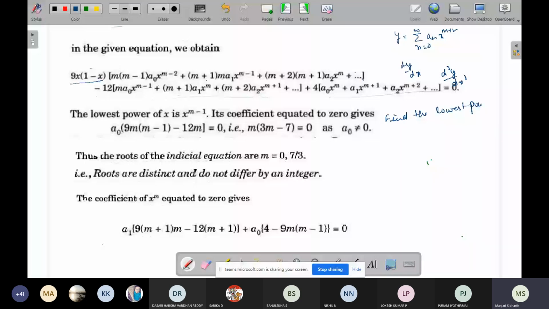Then equate the coefficient of the lowest power of x to 0. When you equate to 0, you will get a quadratic equation in terms of m. That equation is called the indicial equation. So once we have substituted here, we'll find the lowest power of x. Okay, so let's find.